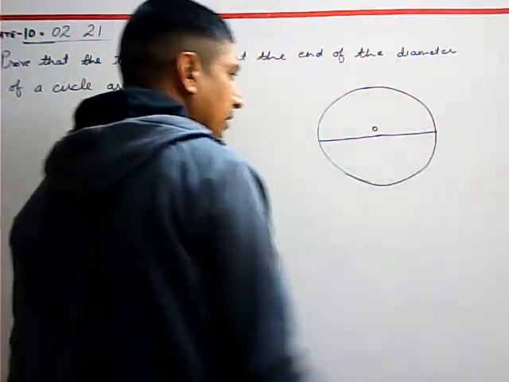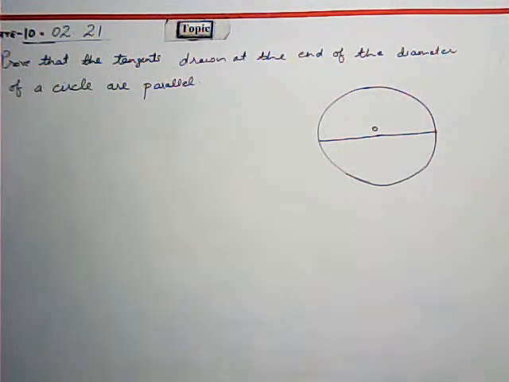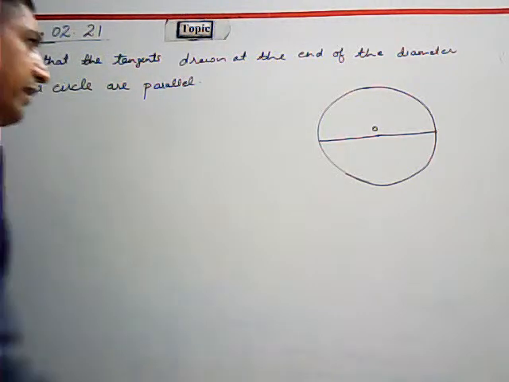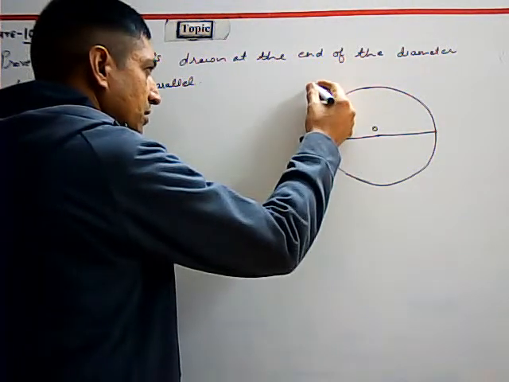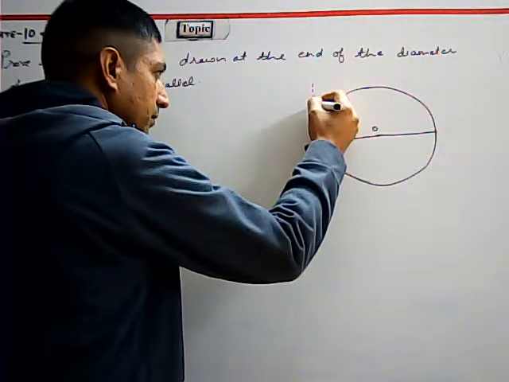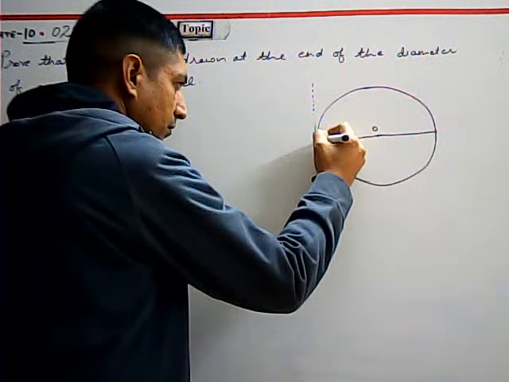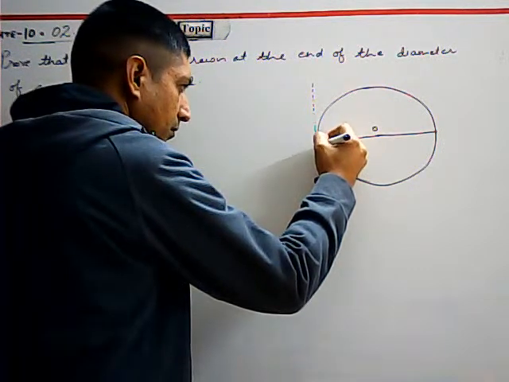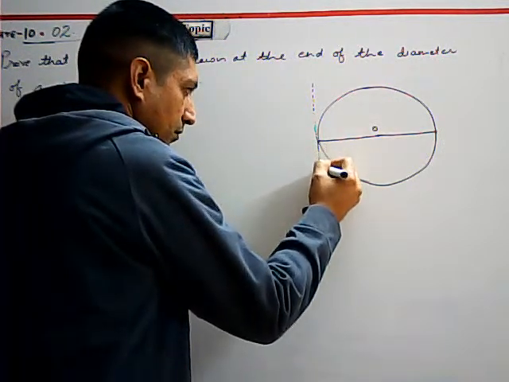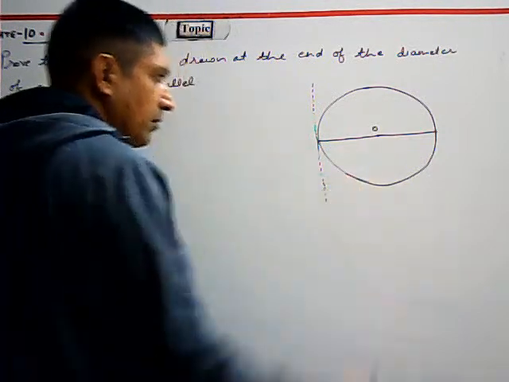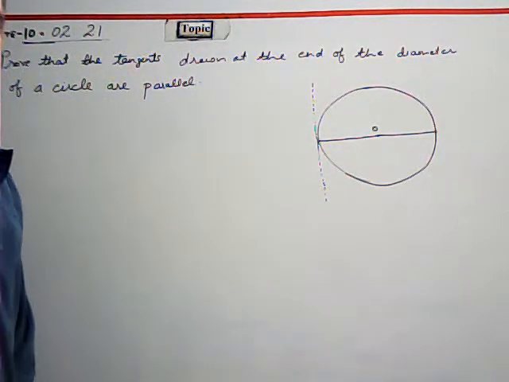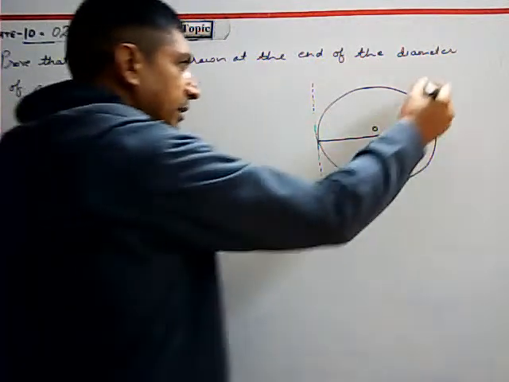Now here, we draw tangents at the ends of the diameter.